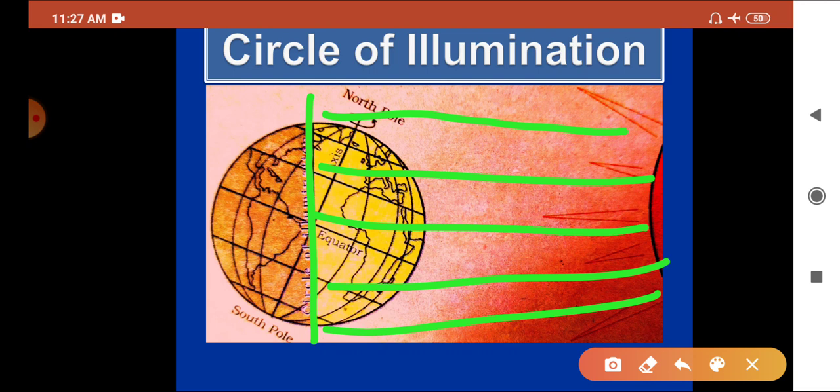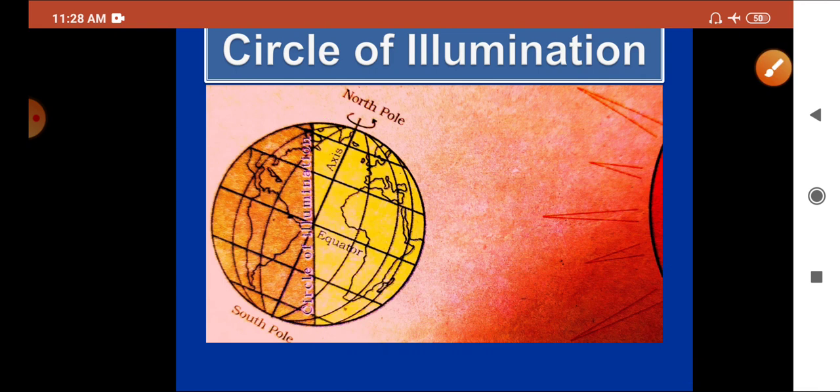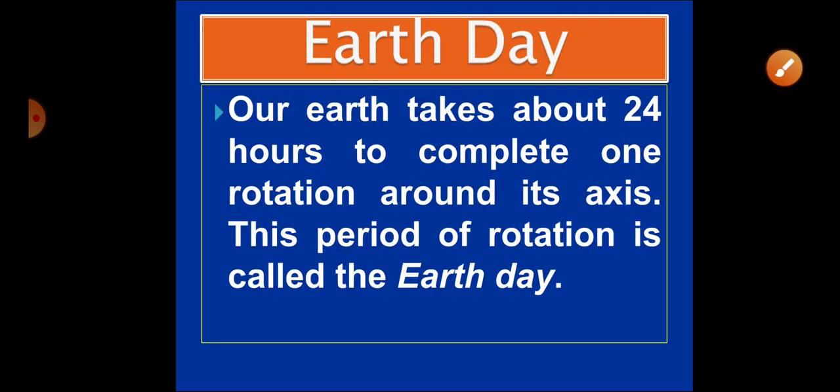The circle does not coincide with the axis. You can see here that the axis does not matter in this circle of illumination. It may come in the light portion. We will discuss this period in another slide.